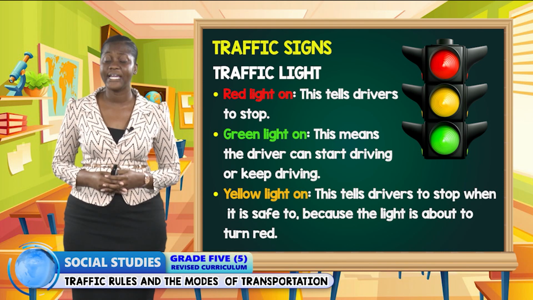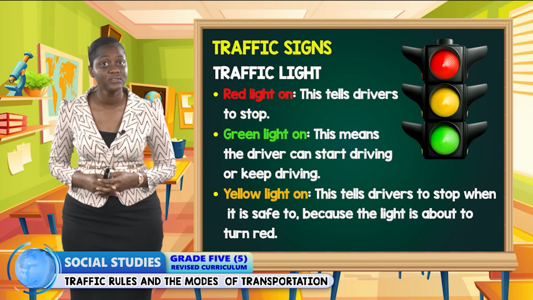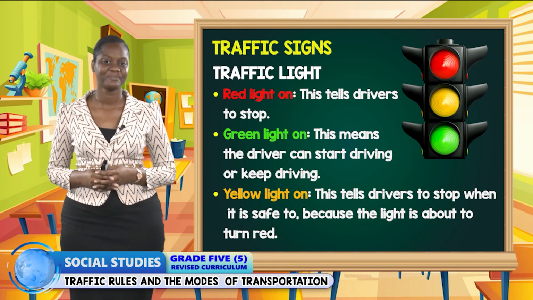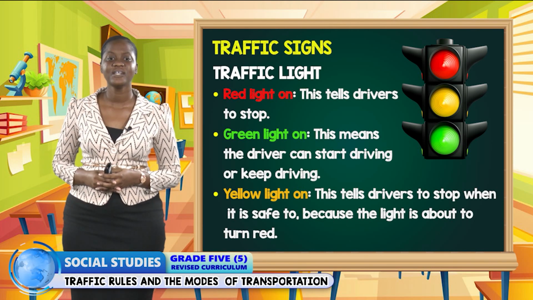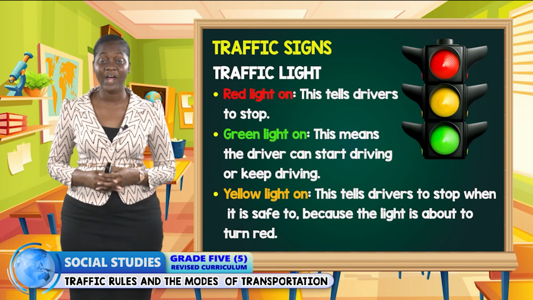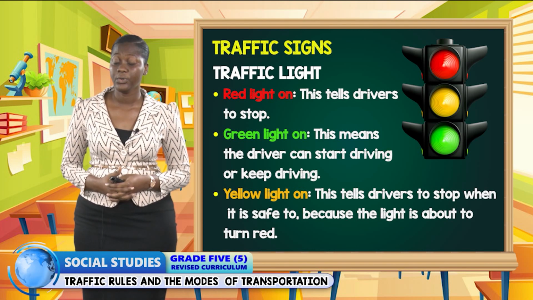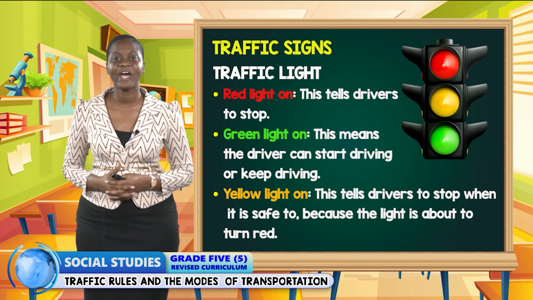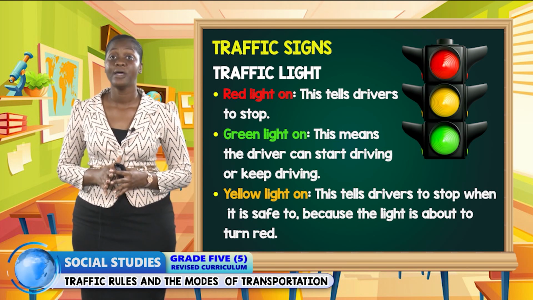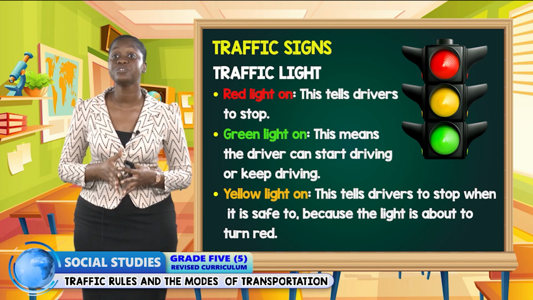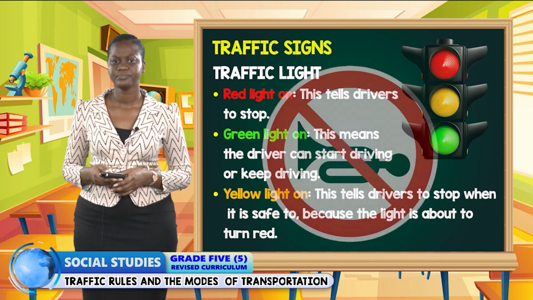The red on the light tells drivers to stop. The green means that they can start driving or keep driving. The yellow or amber tells the driver to slow down because the light is about to turn red.